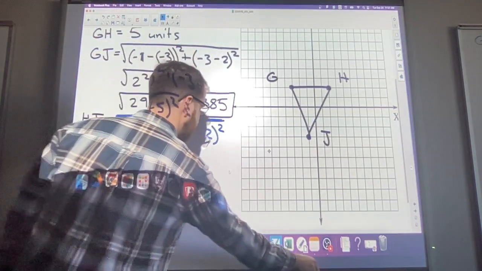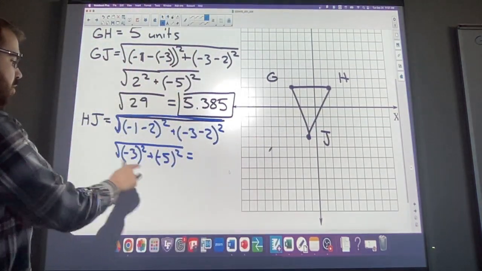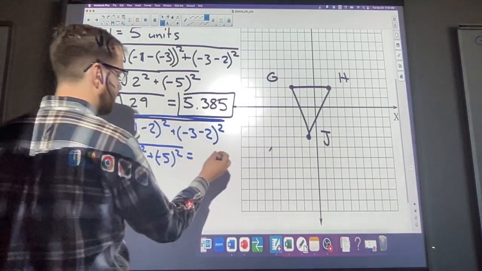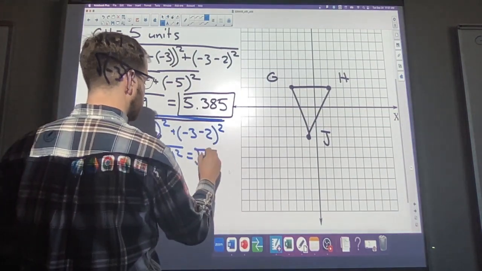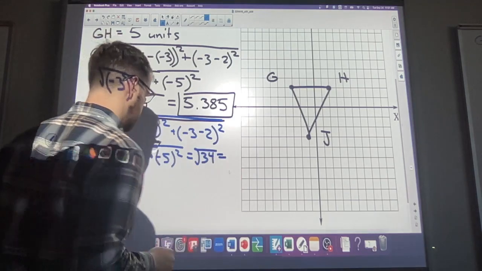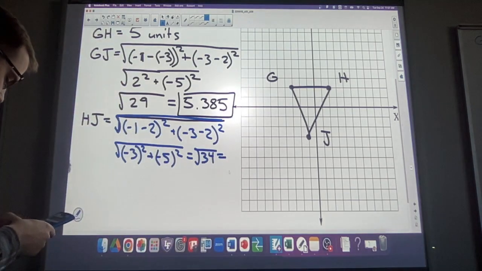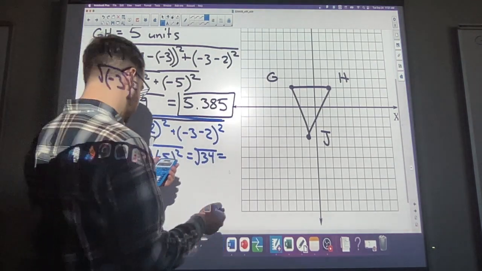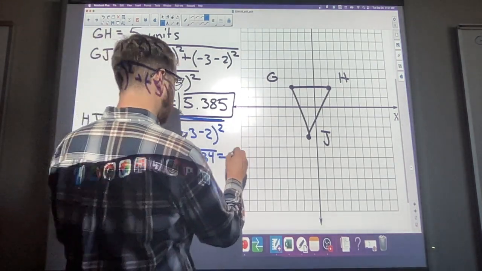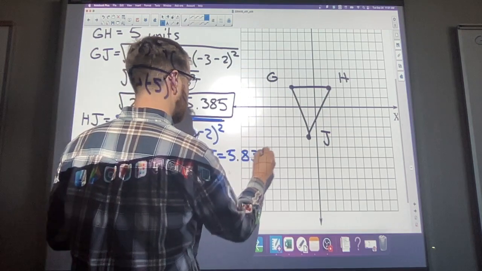All right, so now negative 3 squared is 9, negative 5 squared is 25. So we end up with the square root of 34. The square root of 34 equals 5.83, and I'll round that to 5.831.